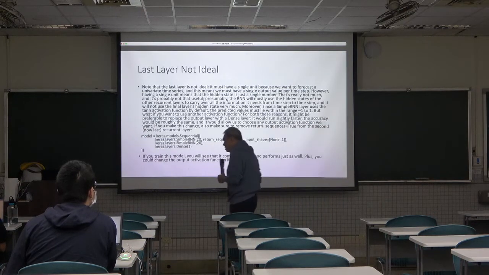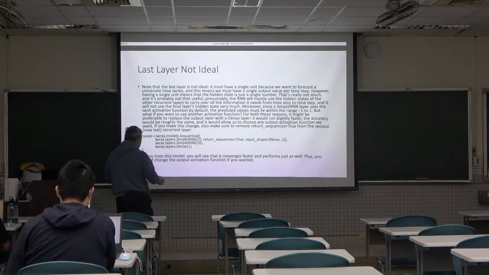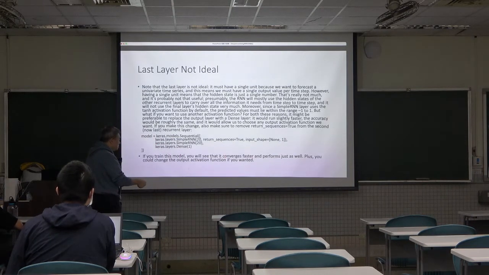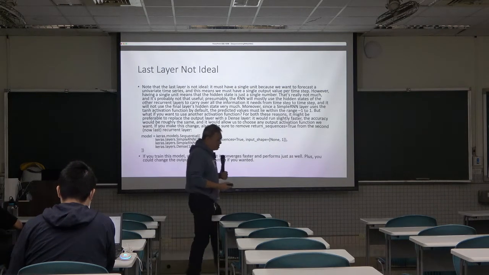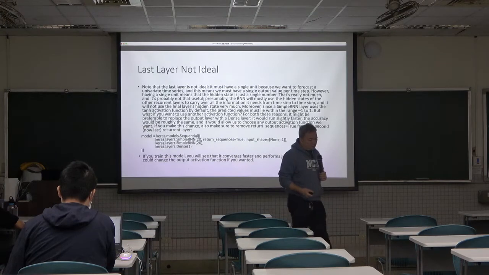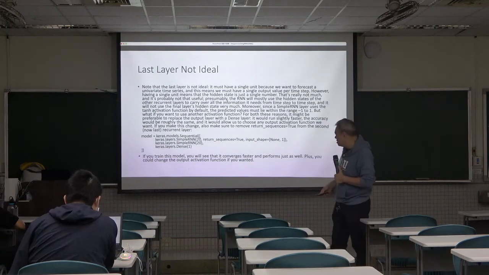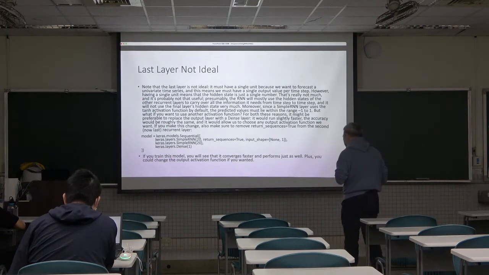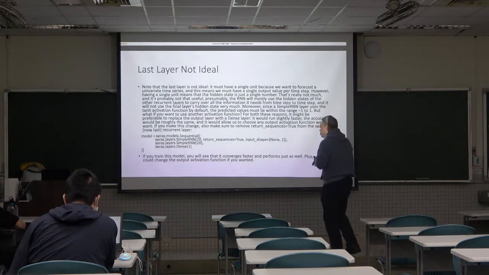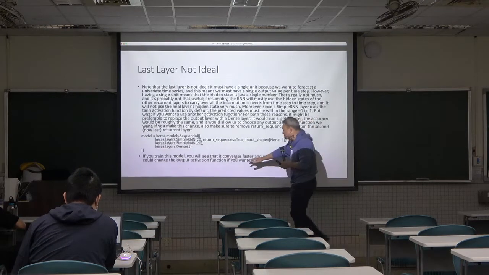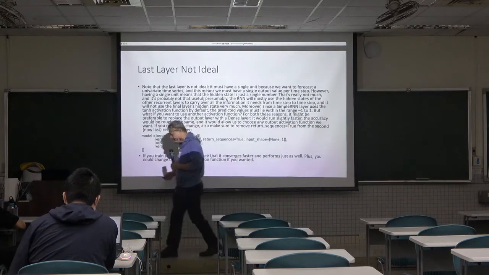Because of these considerations, you will find that this model converges faster and it performs just as well, I think still around 0.003. Plus you could change the output activation function if you want.